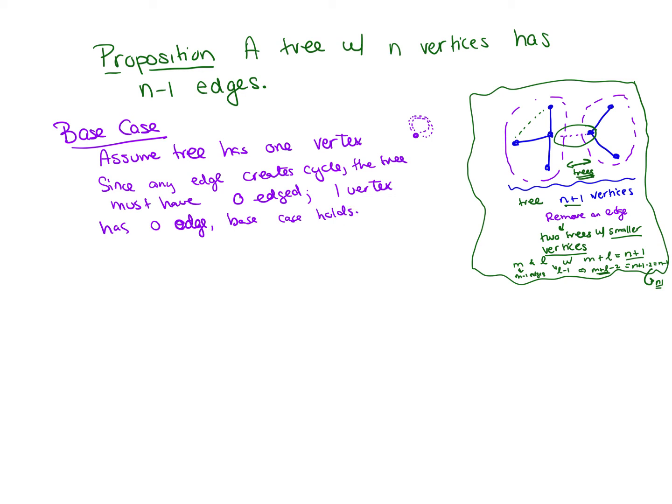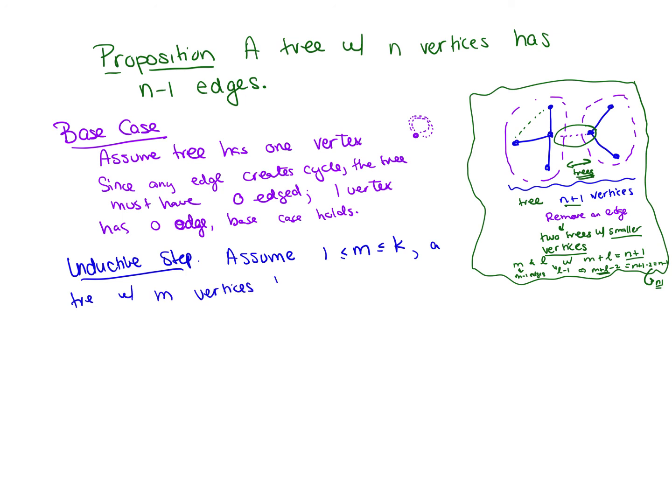Okay, so now let's do our inductive step. So we're going to assume for all trees up to k vertices, so when you have any number m between 1 and, let's say, k, a tree with m vertices has m minus 1 edges.